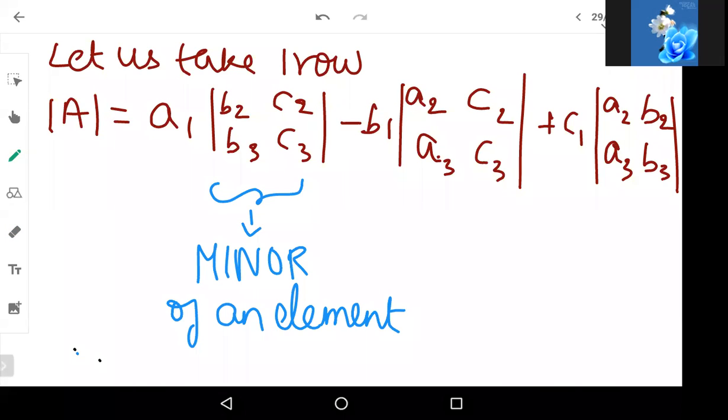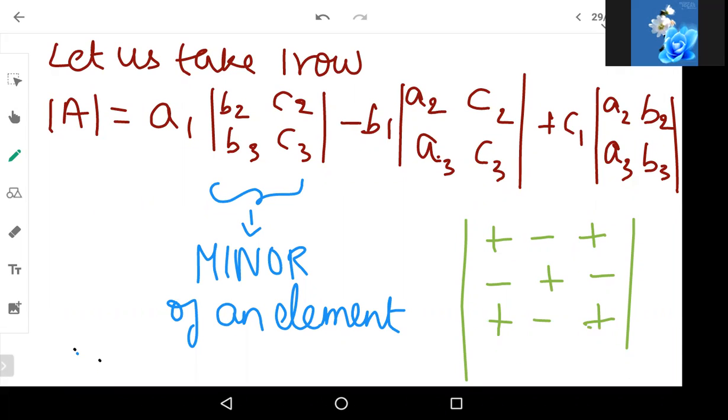In the first row, the 3 into 3 matrix had plus, minus, plus, then it was minus, plus, minus, and then plus, minus, plus. Correct? So first row had plus, minus, plus. So when you take the first row, plus A1 minus B1 plus C1.